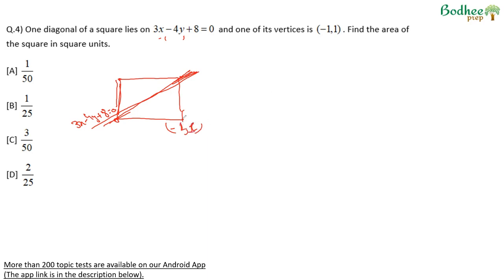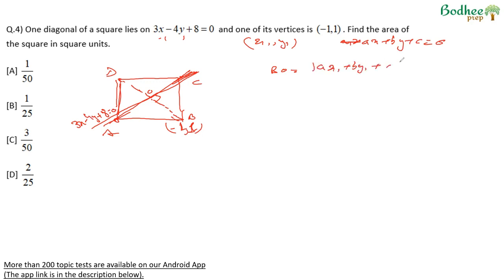So what we do is we drop a perpendicular from here. This perpendicular will be nothing but half of the other diagonal. Suppose the square is ABCD. The perpendicular is say BO. I find the length of BO. The distance between a point (x1, y1) and a line ax plus by plus c is equal to 0 is given by mod of ax1 plus by1 plus c upon root of a square plus b square.